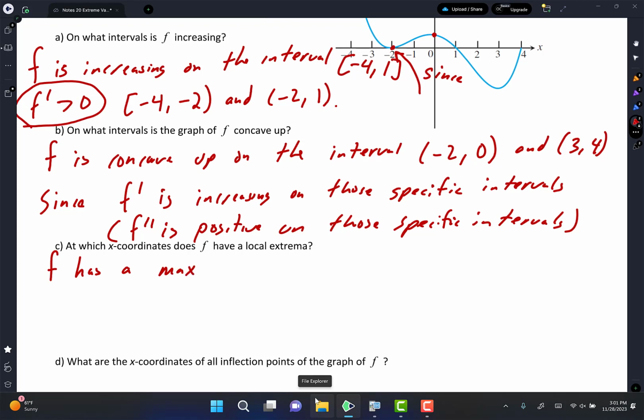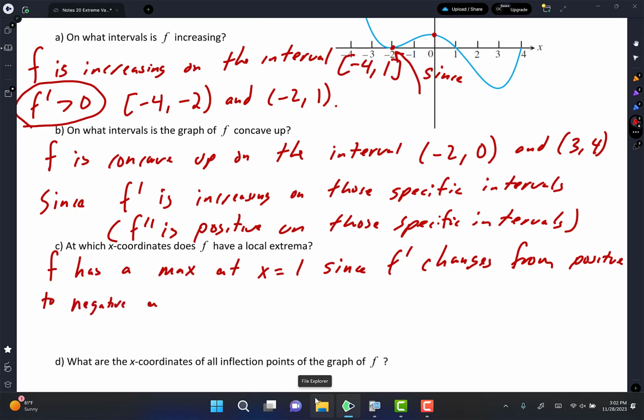F has a max at x equals 1 since f prime changes from positive to negative at x equals 1. And I know it sounds funny to say it again. There are 2 more that are local mins, but it's okay if we do not get it.